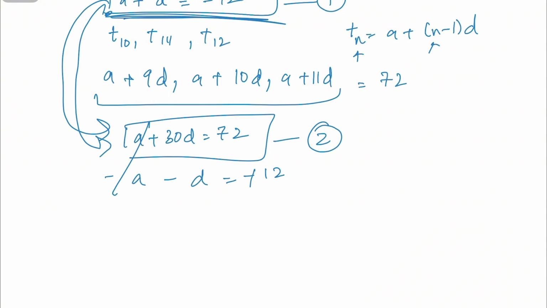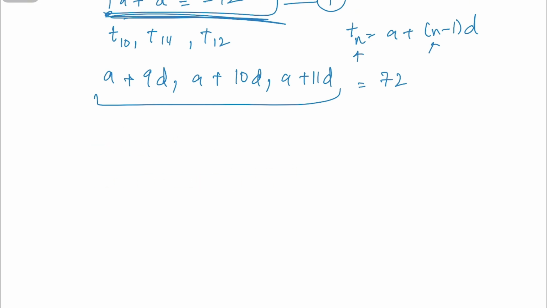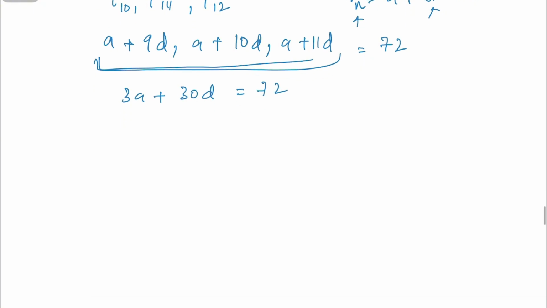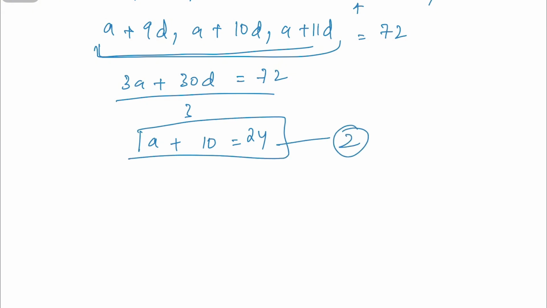I guess I made a mistake over here. If we add them all, this would be 3a plus 30d equals 72. Sorry, I made a mistake. We'll be dividing the whole equation by 3. So we'll be getting a plus 10d equals 24. This is our second equation.